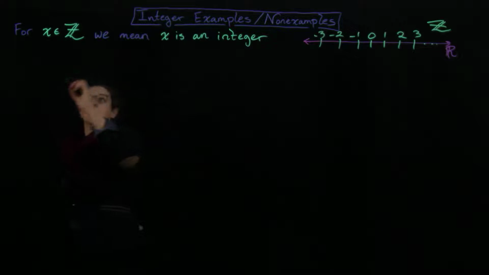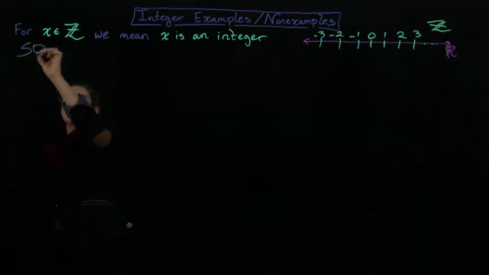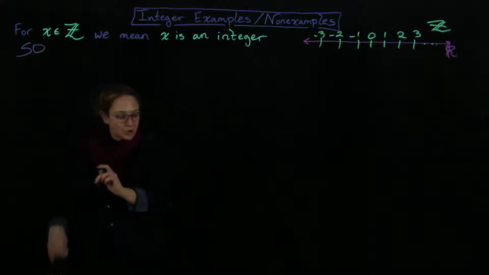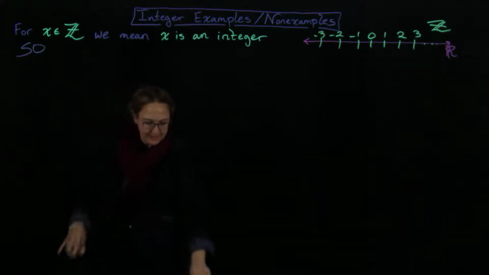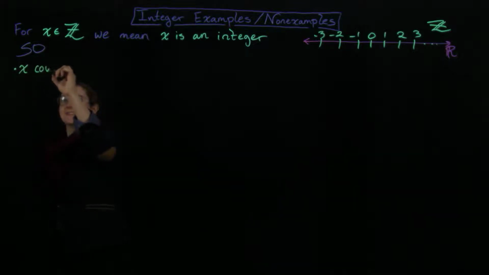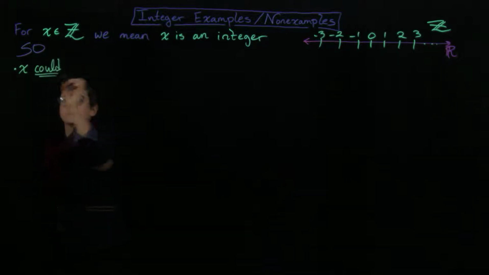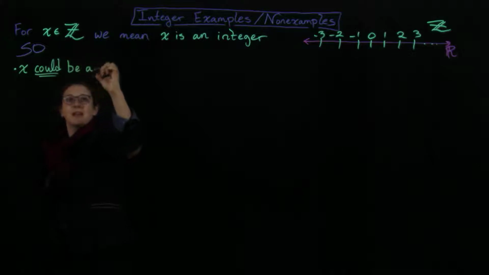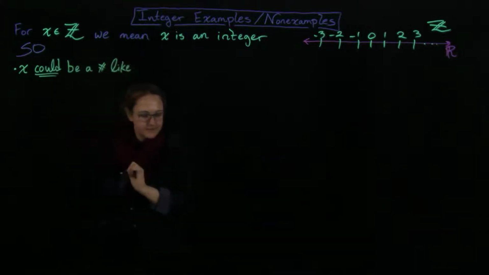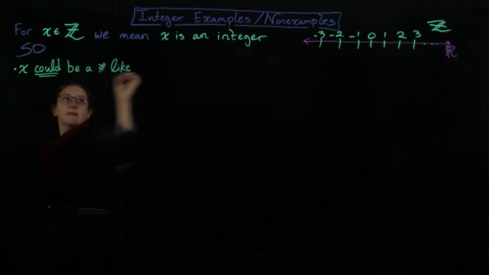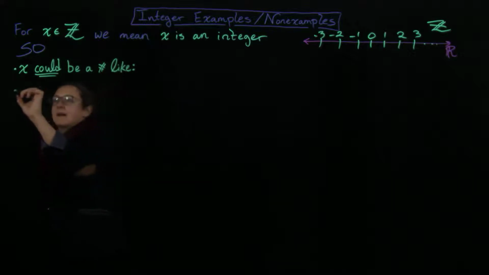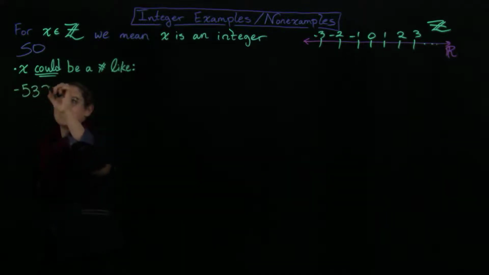So x could be a number like, these are the examples, -532 is a good example.